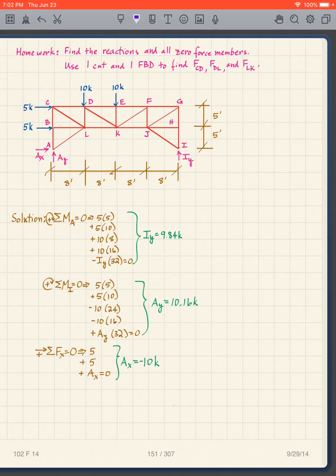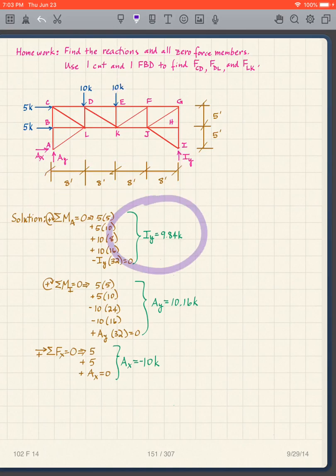Okay, so I'm not going to dwell on this, but you should all be able to get the reactions at this point. I take the sum of the moments about A. So I'm taking moments about here. I have 5 times 5, 5 times 10, 10 times 8, 10 times 16. All those are positive. Minus Iy times 32.